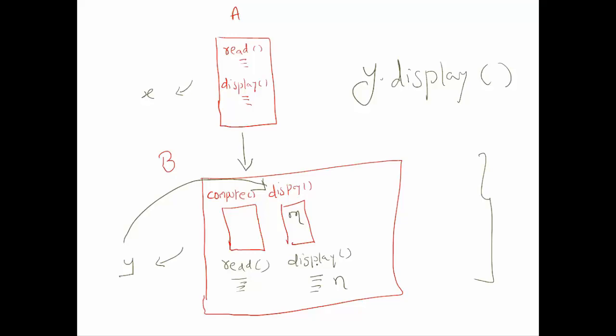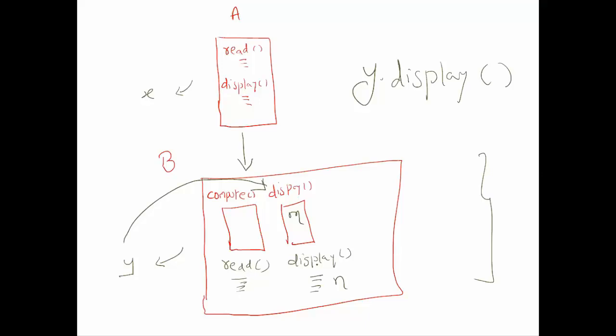So understand what is the problem. I have a base class and I have a derived class. I have methods with the same name display in both the base and the derived class. And hence, because of inheritance, the derived class now has two methods with the same name. They are two different methods, लेकिन नाम दोनों का same हो गया.